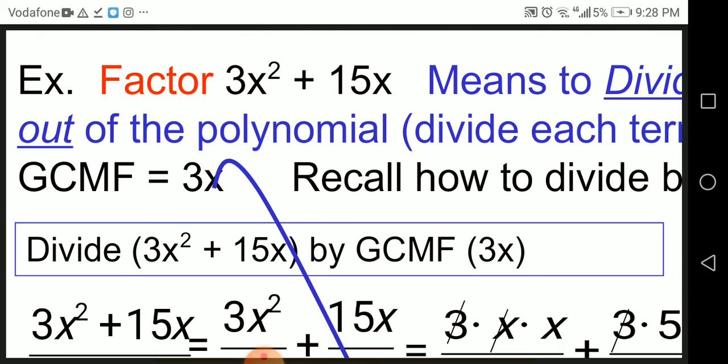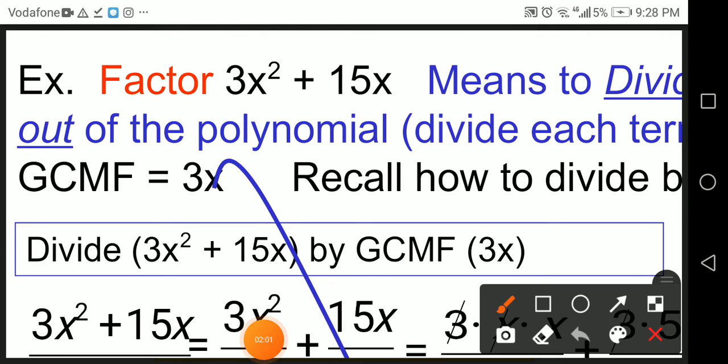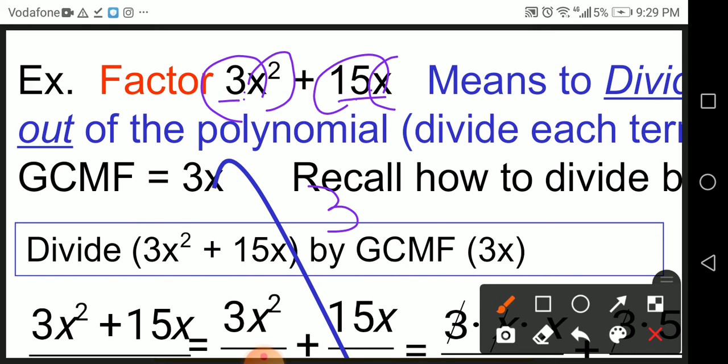Let's see together the common: what's the common between 3 and 15? Of course, they are both divisible by 3, so I will write 3. What else? I have x to the power 2 and just x. Take the least, so it will be x. So the greatest common monomial factor is 3x.